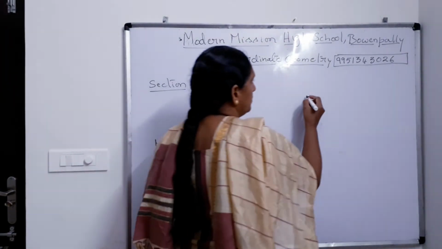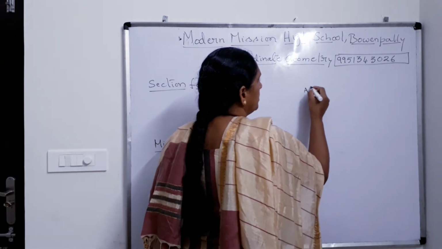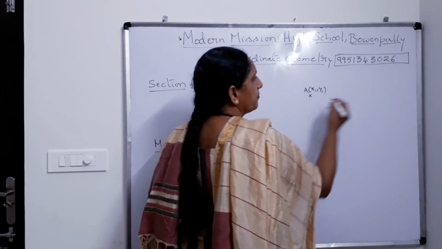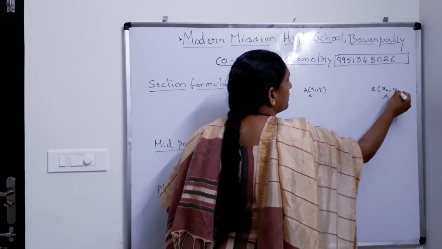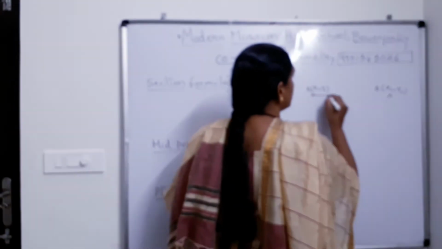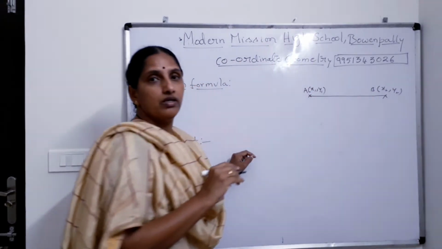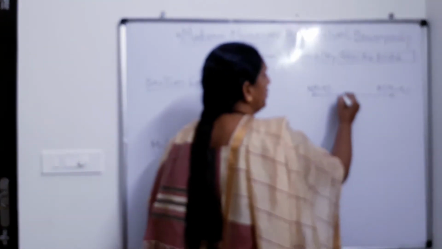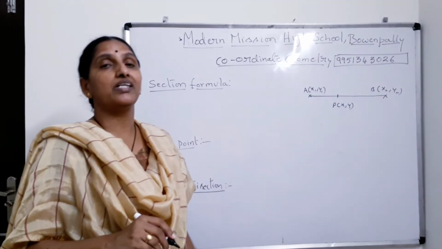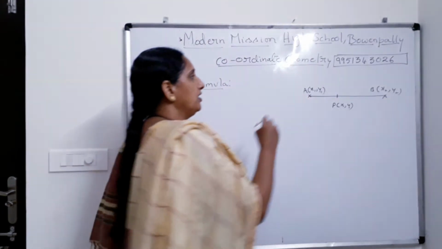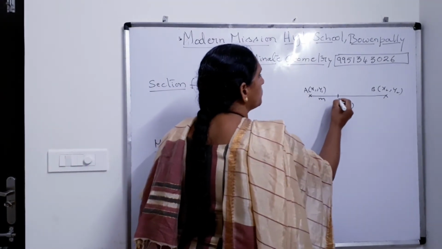Similarly, let us suppose that we have a point A of x1 comma y1 and another point B of x2 comma y2. Just for convenience, let us join these two. Now suppose a point P of x comma y divides the line joining A and B, or divides the distance between A and B, in m is to n ratio.